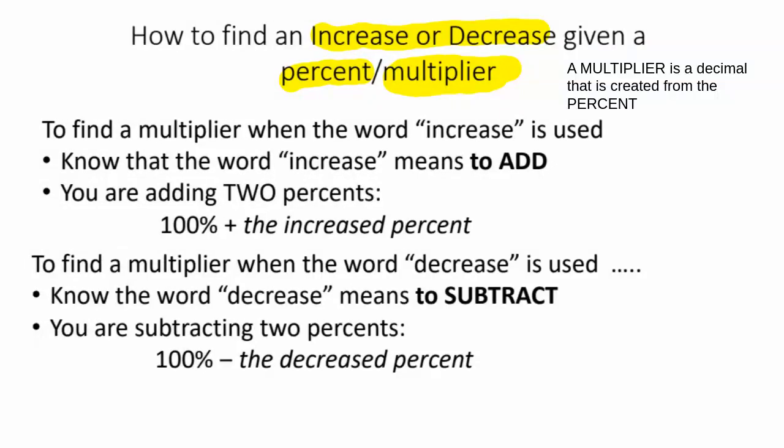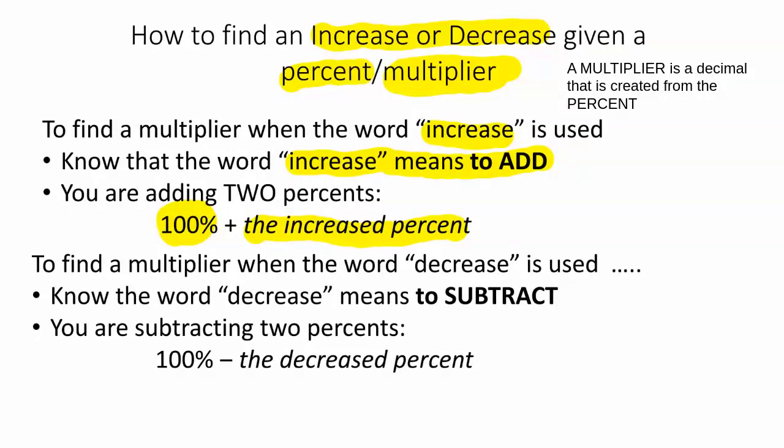Now, to find the multiplier, you are going to have to use some vocabulary. When you see the word increase, know that increase means to add. We're always taking 100%. Always. And then we add the increased percent.